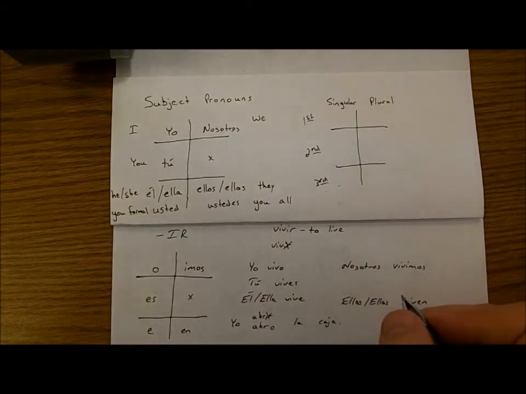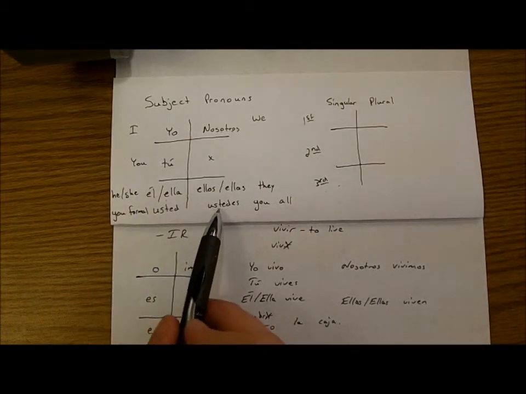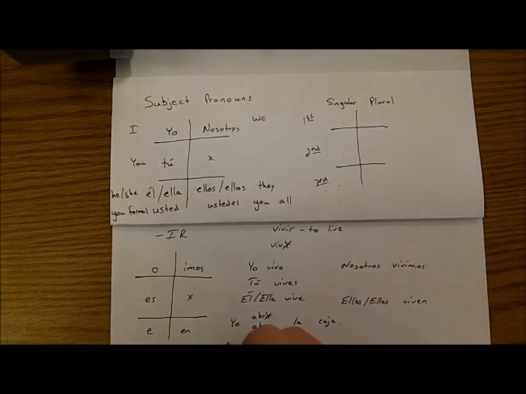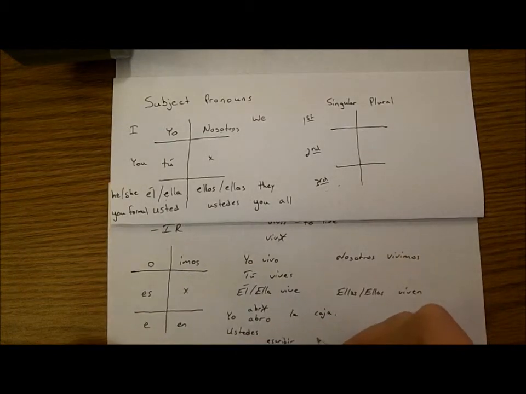Our second example that we're going to use is, you all write a lot of letters. So the first thing we're going to look at is the you all. We see right here, ustedes means you all. So that's going to be our starting point. Ustedes write. Now the verb escribir is the verb to write.